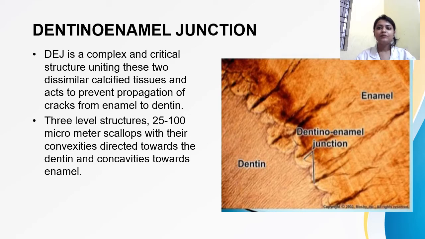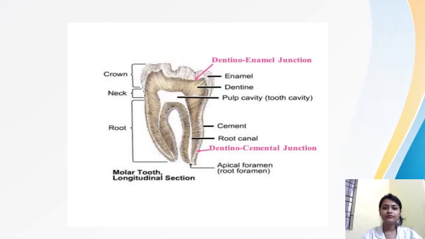So the scalloping structure we draw at the dentin-enamel junction is nothing but to prevent these two dissimilar tissues from getting cracks or breaks. And this is a picture of a tooth where we can see the dentin-enamel junction, dentinocemental junction.